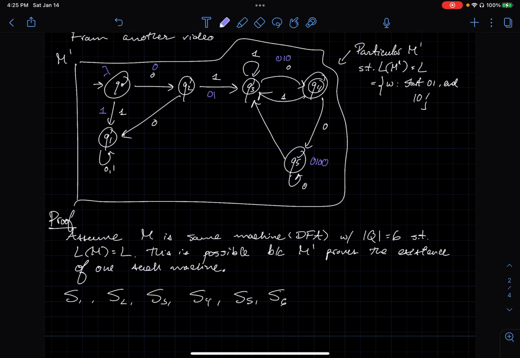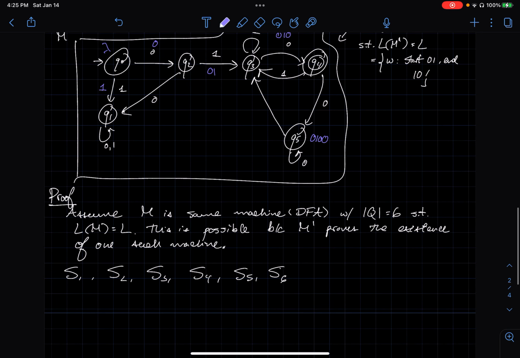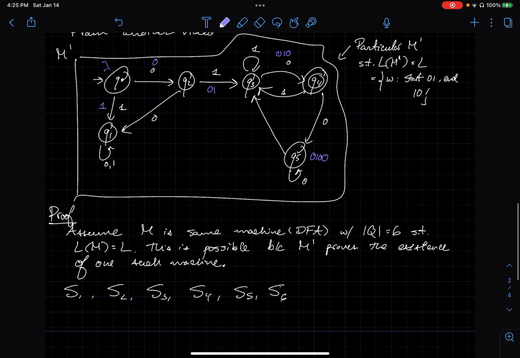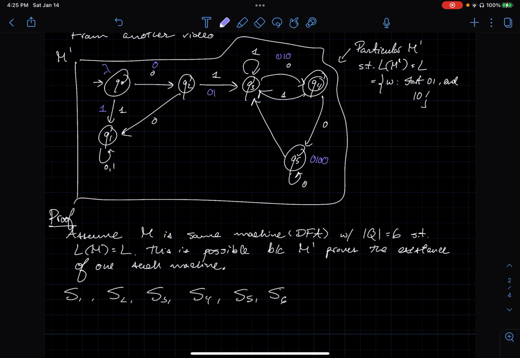Okay. So I've picked 6 strings, right? It doesn't matter in which order I assign them to S1 through S6. So let's just go in arbitrary order.